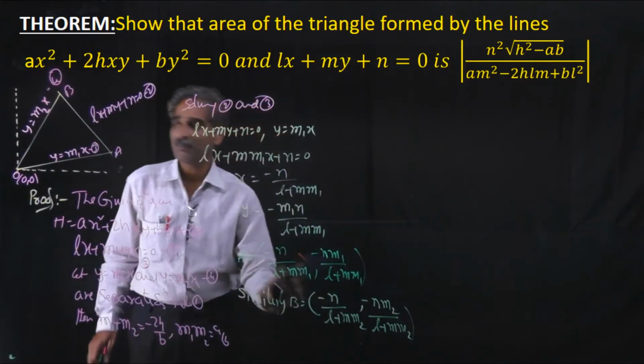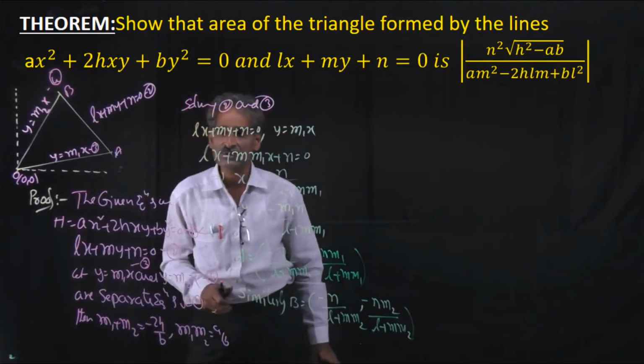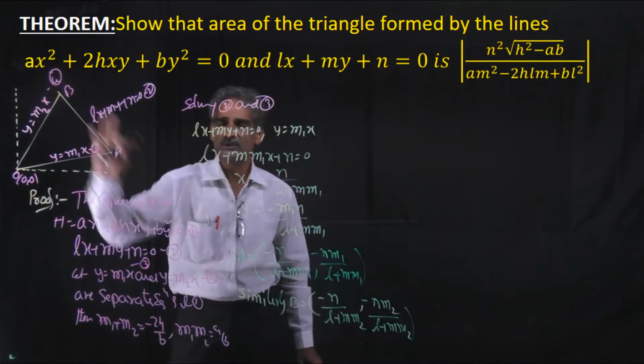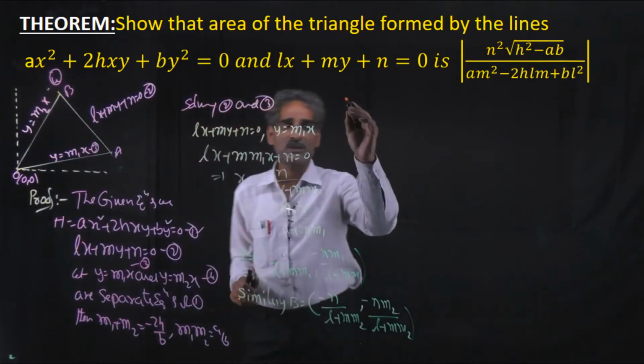So A and B are there. Already O is the origin, 0, 0. So these are the 3 points. We have a formula for area.